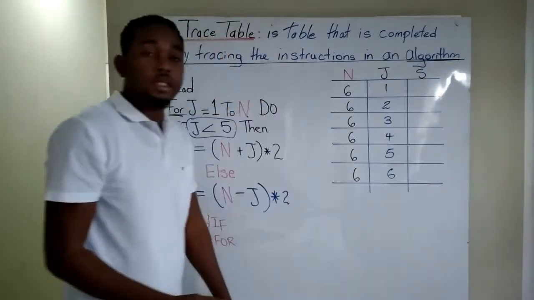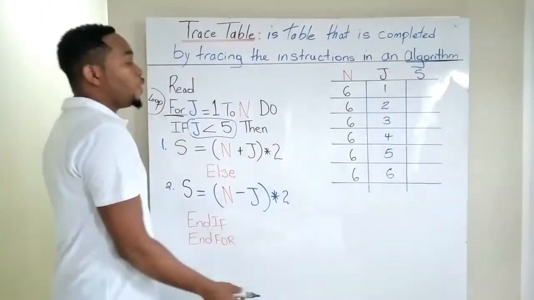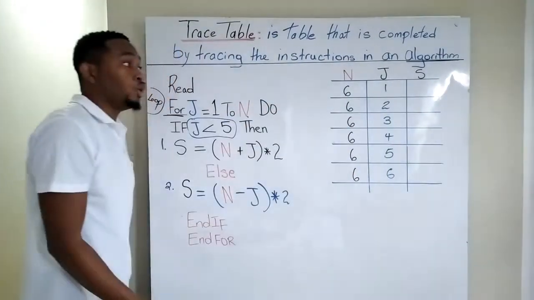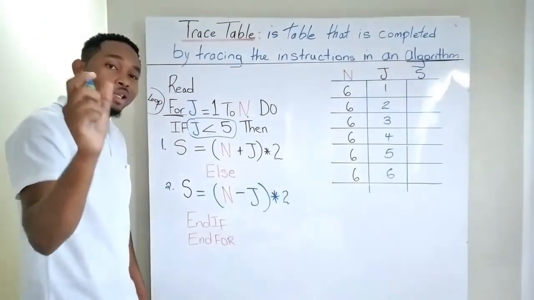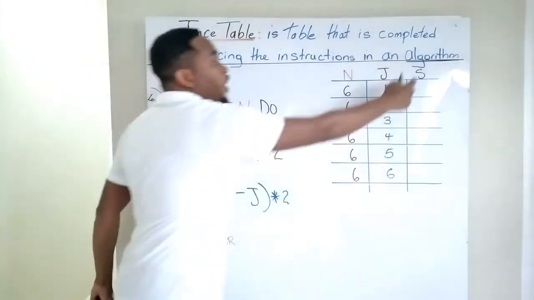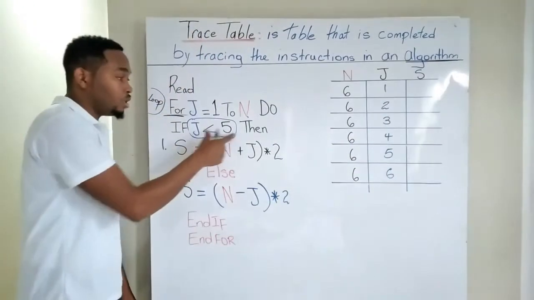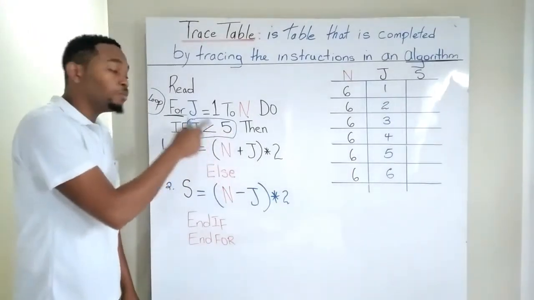It means that we are going to execute this loop 6 times. In completing it, we are only determining the value for s, and s can change depending on the condition here.